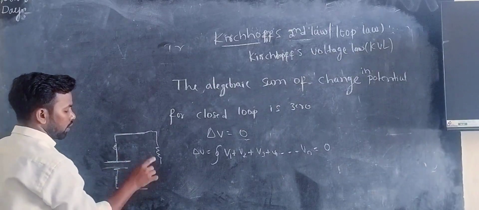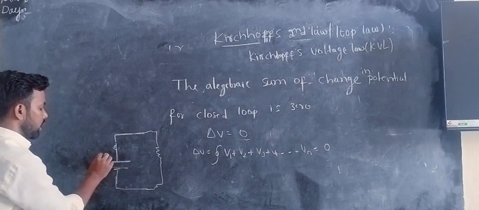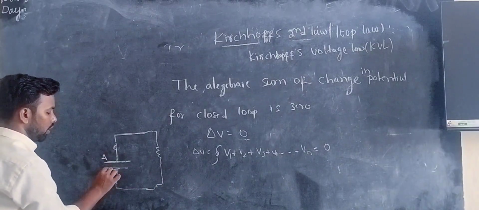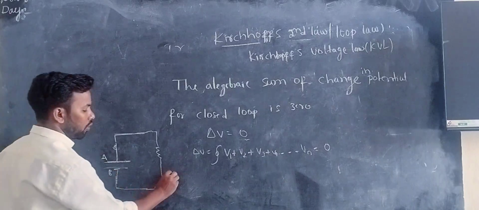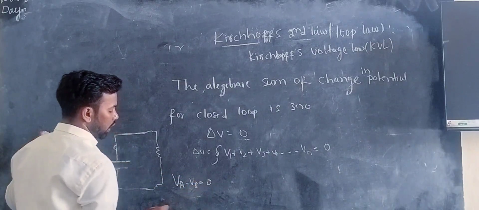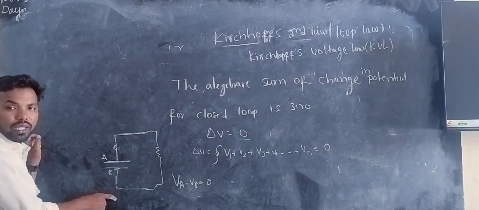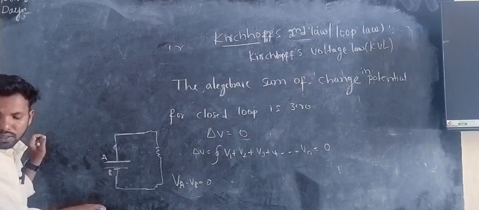This circuit should be closed. Let us take this one potential A, this one potential B. So VA minus VB is equal to 0 in the closed loop.